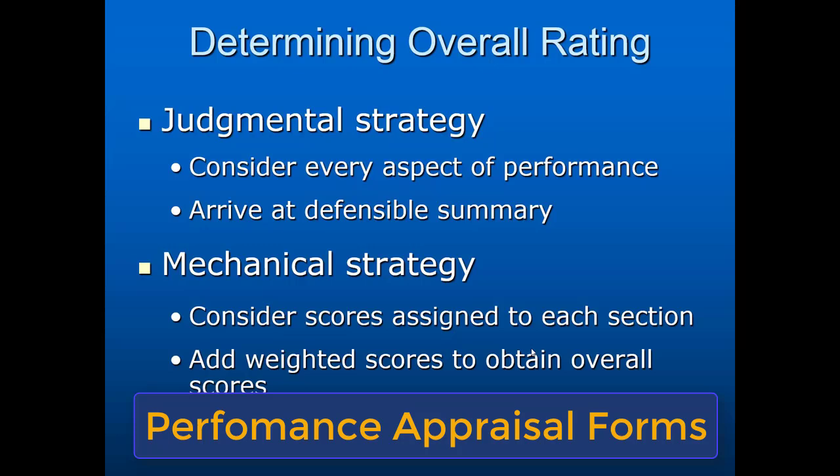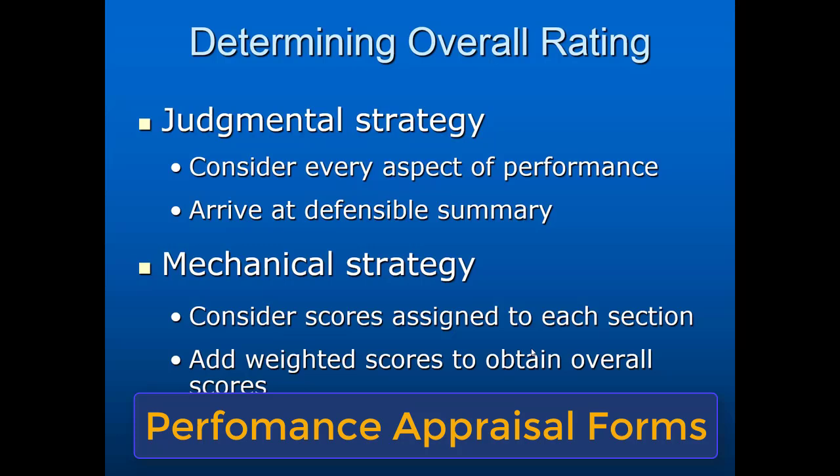Now, there's different ways we can do that, but the two general ways are a judgmental strategy and a mechanical strategy. In a judgmental strategy, the person giving the evaluation looks at all the ratings that have been given and creates a summary and comes to an overall rating. It's what is their best judgment of the overall rating of this individual.